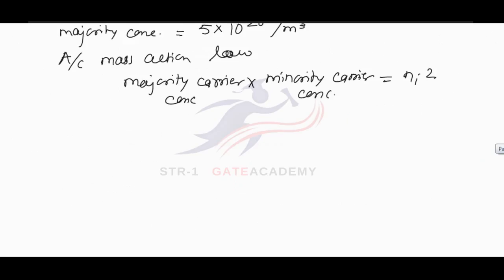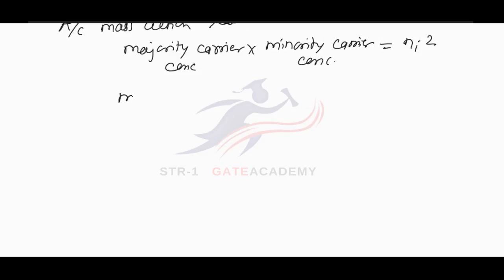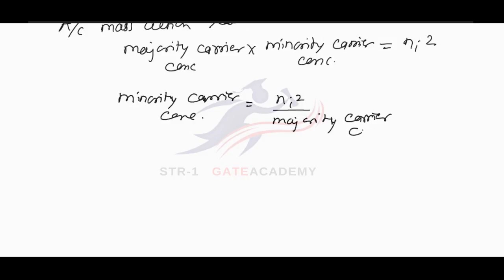Using this mass action law, we can calculate the minority carrier concentration as Ni square divided by the majority carrier concentration.